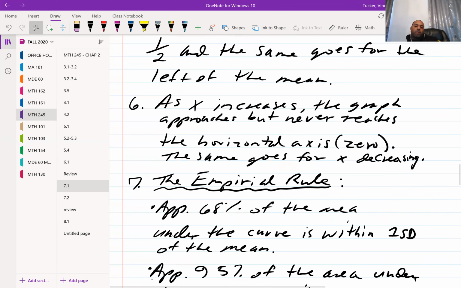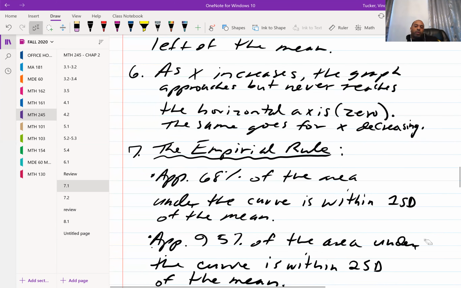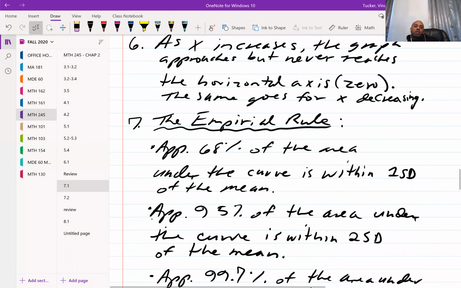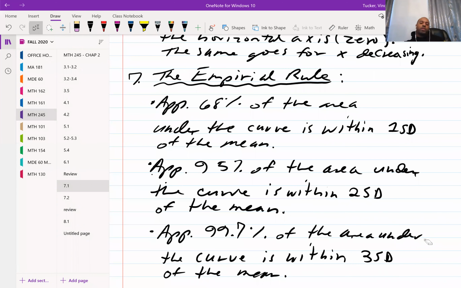All right. Number 7 is the empirical rule. We talked about the empirical rule before. Approximately 68% of the area under the curve is within 1 standard deviation of the mean. Approximately 95% of the area under the curve is within 2 standard deviations of the mean. And then approximately 99.7% of the area under the curve is within 3 standard deviations of the mean.